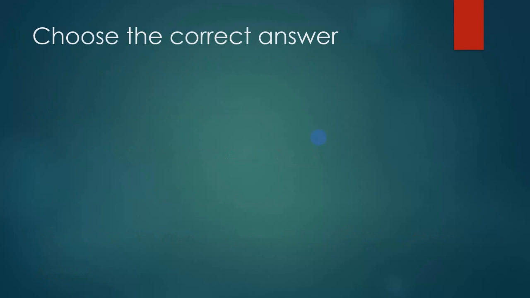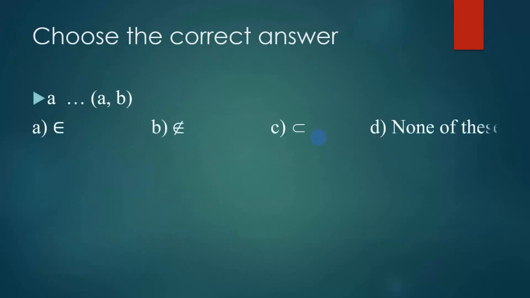Choose the correct answer. A space (A, B): belongs, doesn't belong, subset, or none of these. We already mentioned that the ordered pair is not a set and A is not an element. The ordered pair is an element and A is a projection.